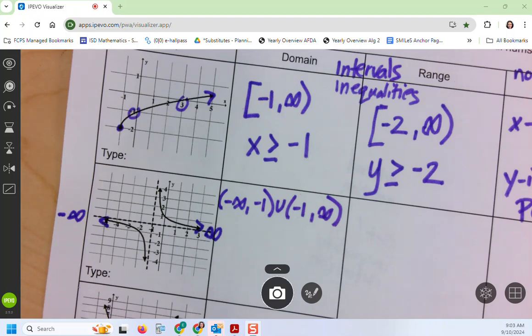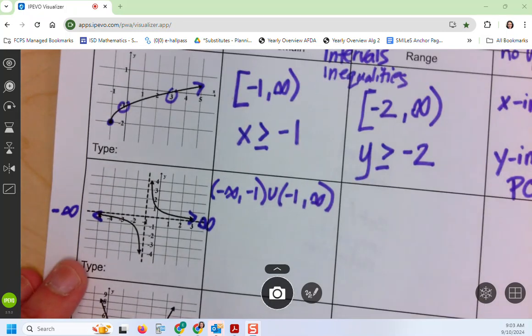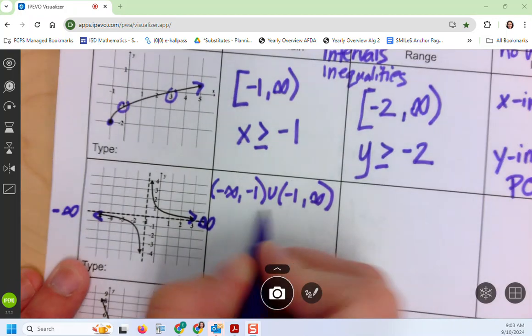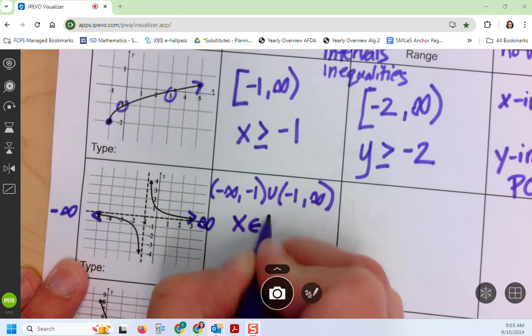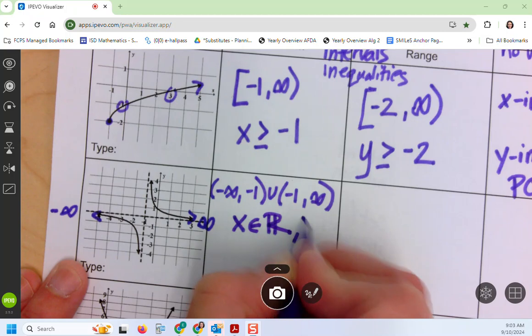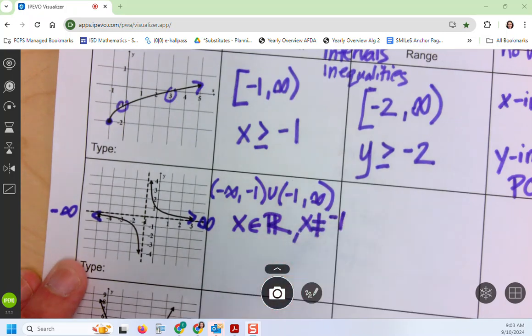So now if you look in the row below it, you should be able to find the inequality notation too. It is x is an element of all real numbers except not negative 1. Okay?